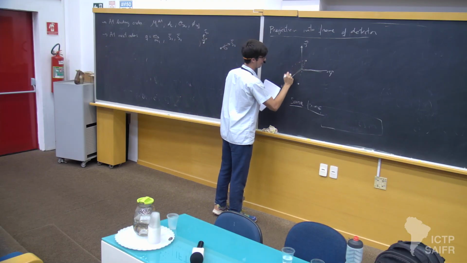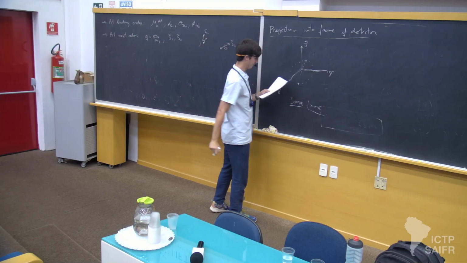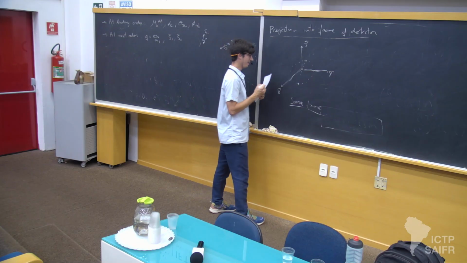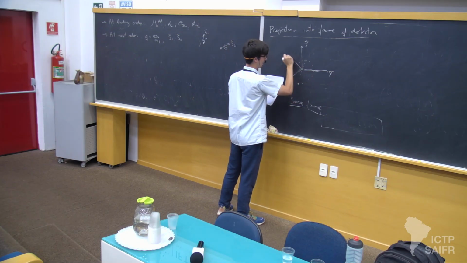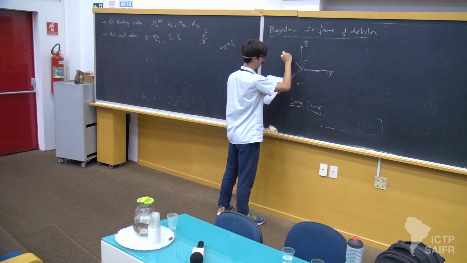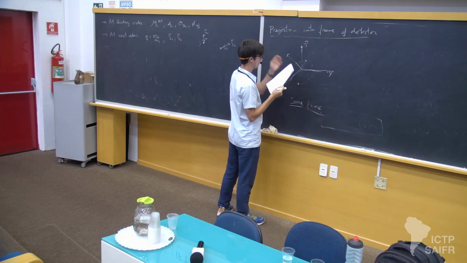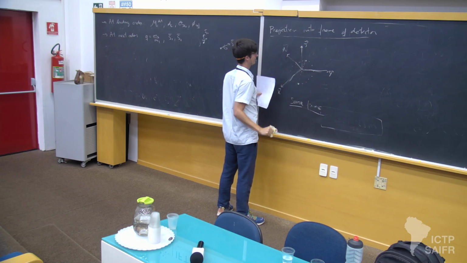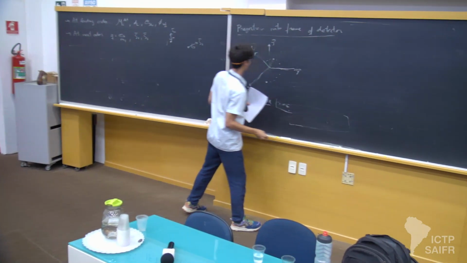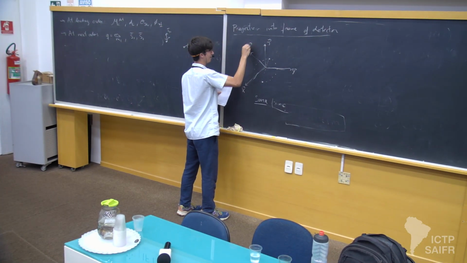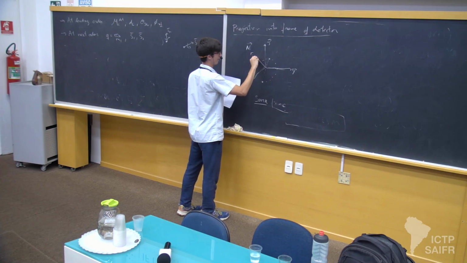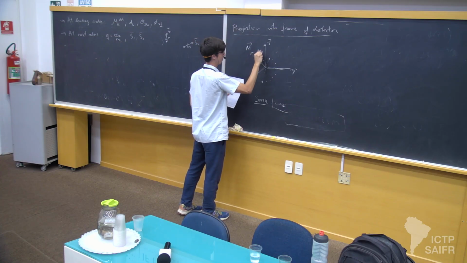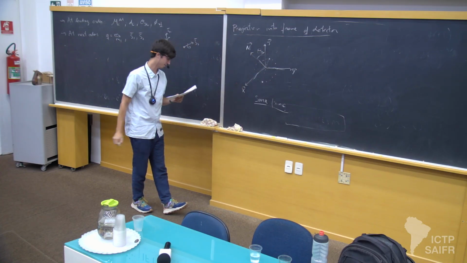And then there is the observer, who is seeing the gravitational wave at a given inclination angle, theta JN.